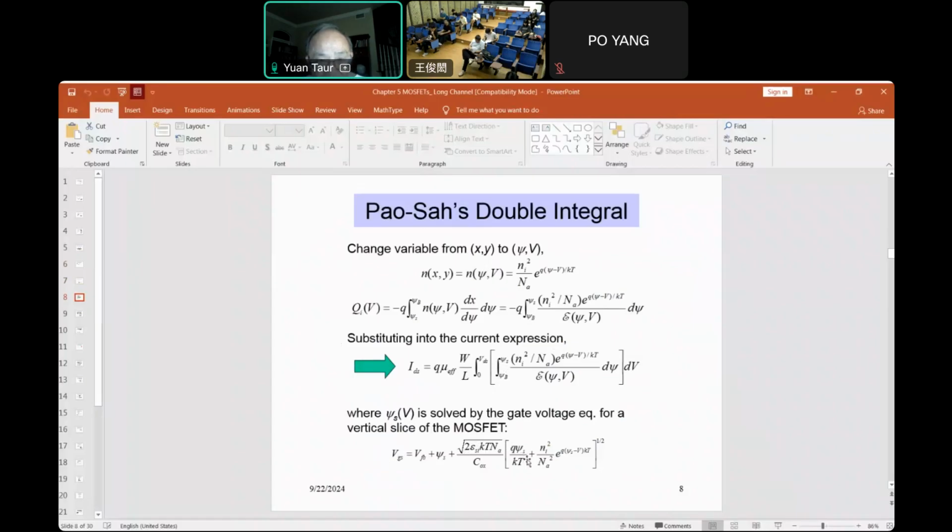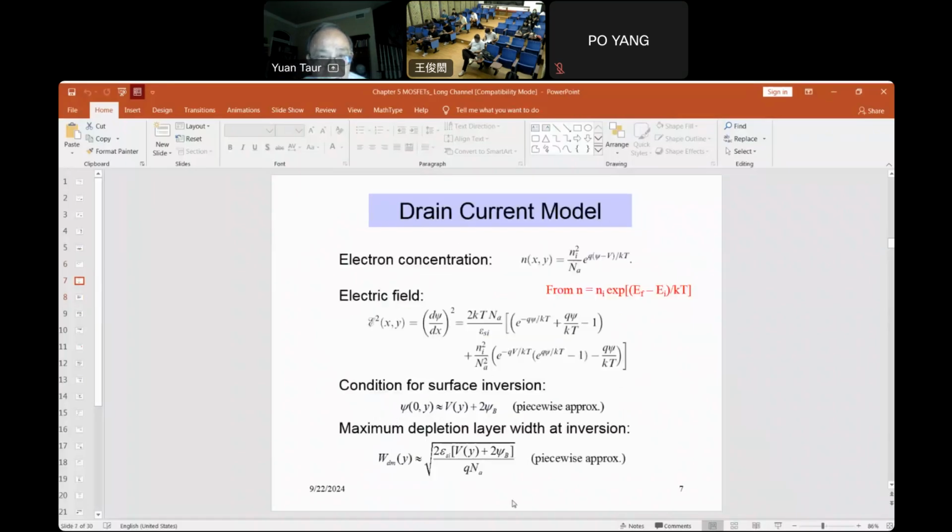Remember we have a gate voltage equation: VGS equal to V flat band plus psi s plus QS over Cox. QS is from Gauss's law. Q is given by the electric field at the surface.